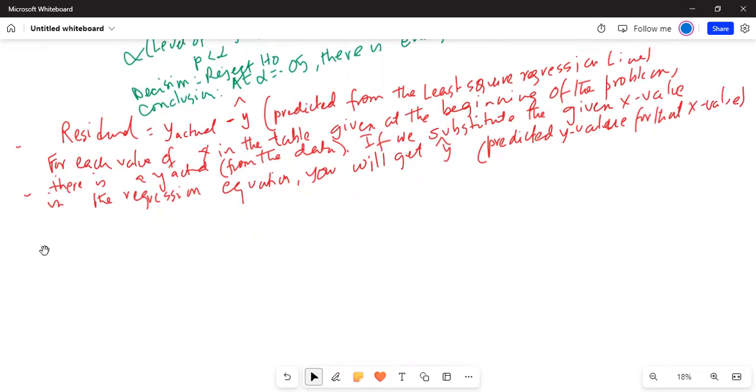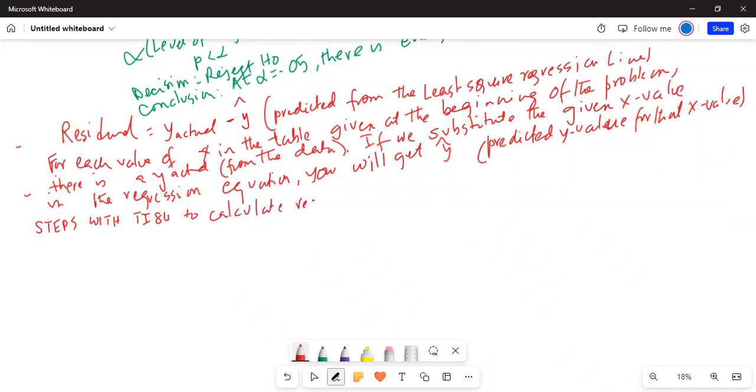Okay, so steps with TI-84 to calculate the residual value for each given x value.